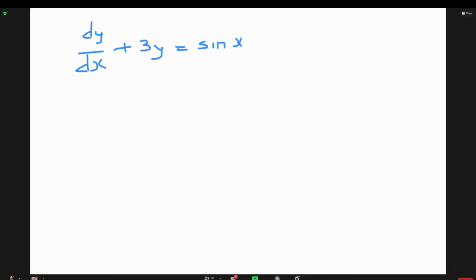Okay, all right, let's identify. P is equal to 3. Q is equal to sine x. And our integrating factor would be equal to e to the integral of 3 dx.